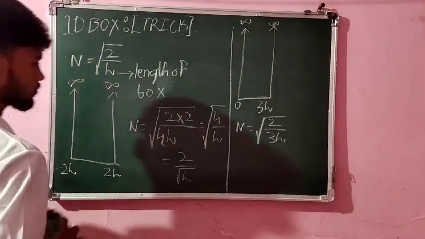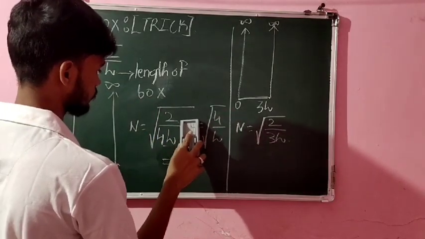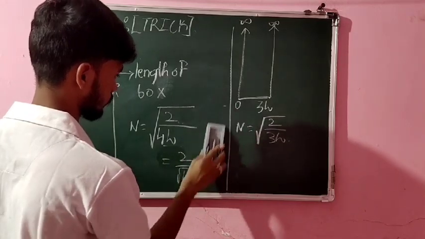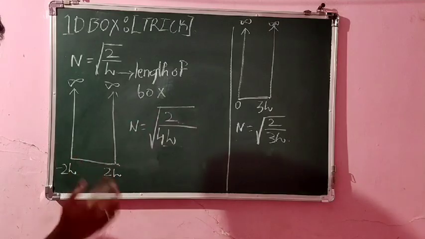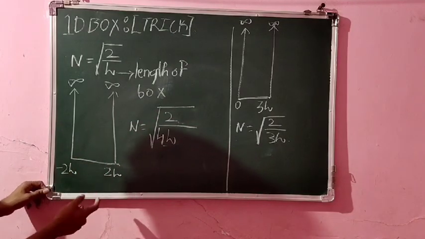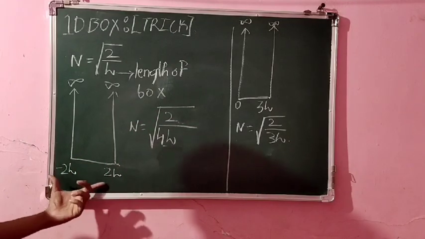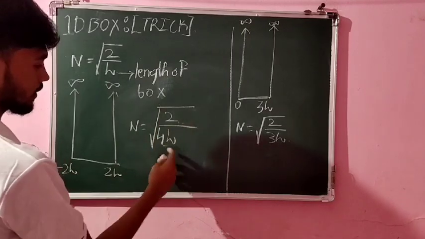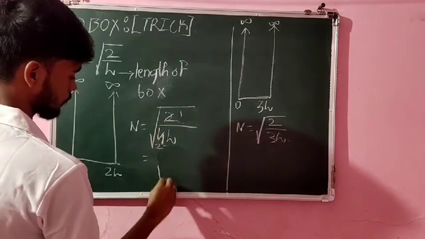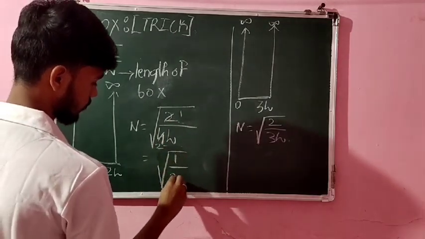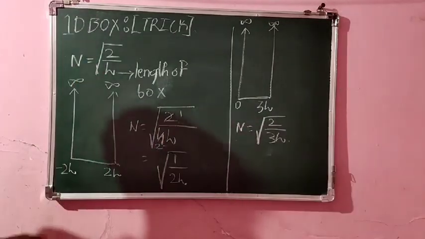So under root 2 by the length of the box, which is 4L. 2 ones are 2, 2 twos are 4. Therefore 1 by root 2L is your normalization constant.